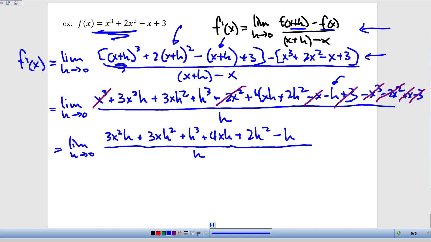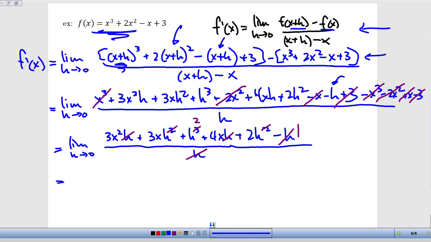And then that's all over h. And so at this point, we're ready to go ahead and remove that discontinuity, go ahead and divide everything by h. So that h goes, this h goes, this just becomes h instead of h squared, this becomes h squared instead of h cubed, this h disappears, this just becomes h, and then this lastly becomes minus 1.